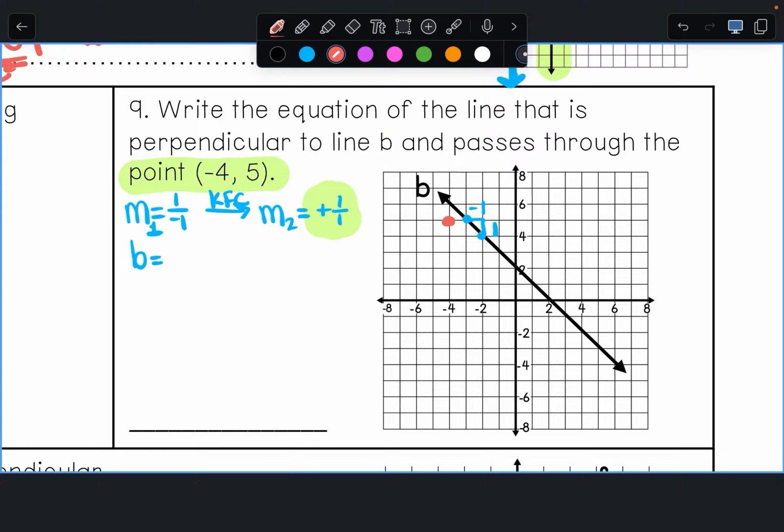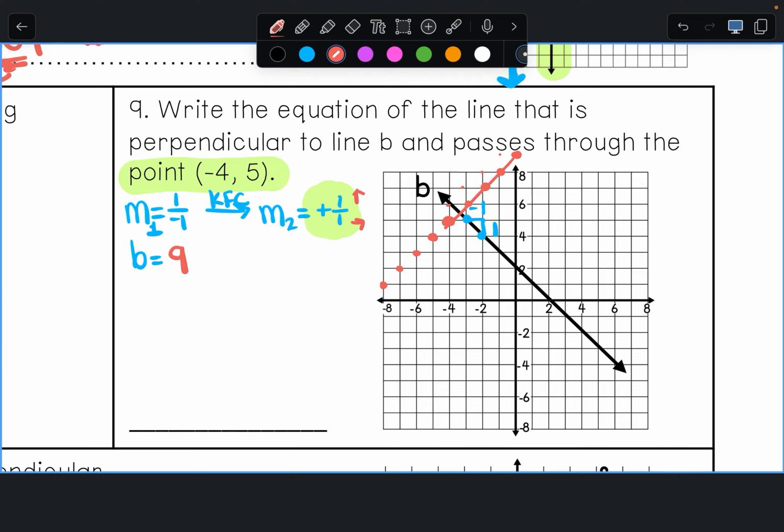From that point, you're going to go up 1, right 1. Up 1, right 1. Up 1, right 1. So it's actually going to cross the y-axis at what number? 9. It fell off the graph by 1 point, so it's okay to estimate or guess.